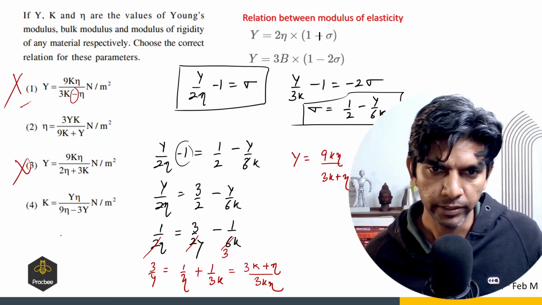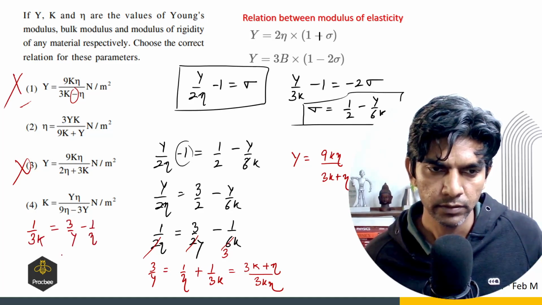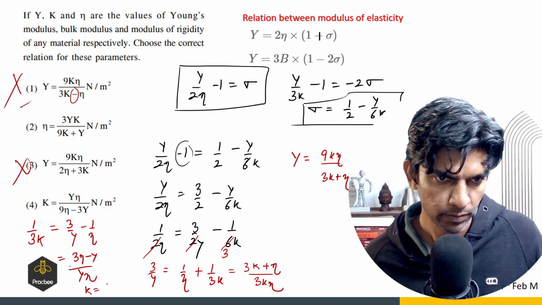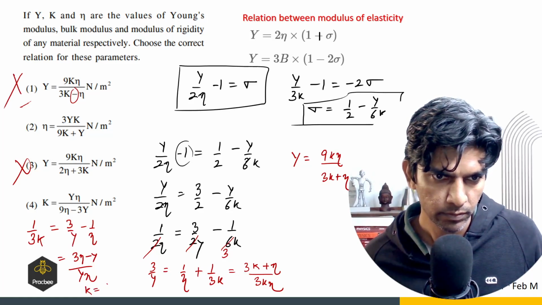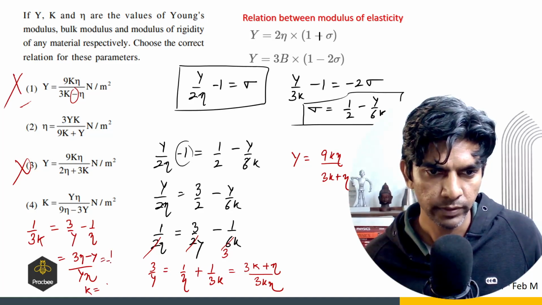So if we find k, we can write this as 1 by 3k is equal to 3 by y minus 1 by eta. So this will be 3 eta minus y upon y eta. Now from this, k comes out to be, so this is 1 by 3k, right?